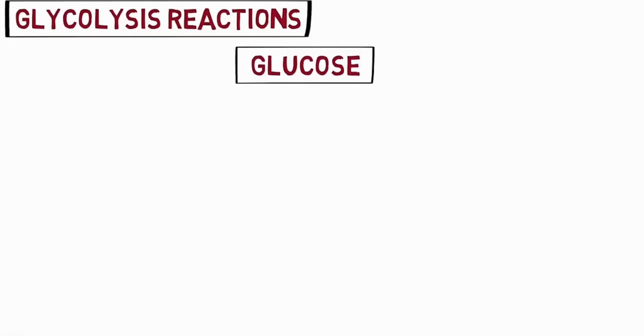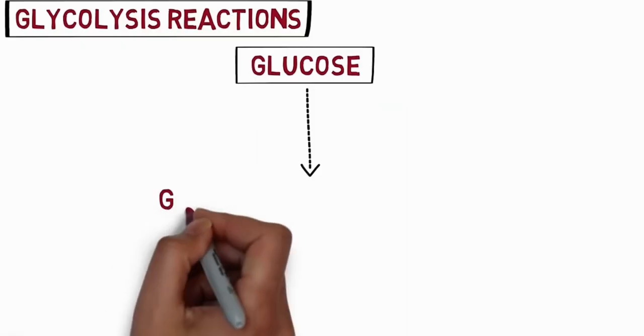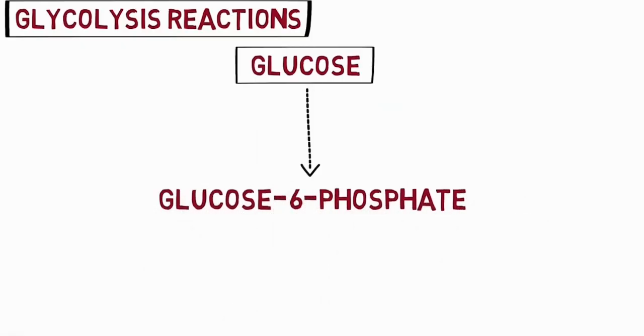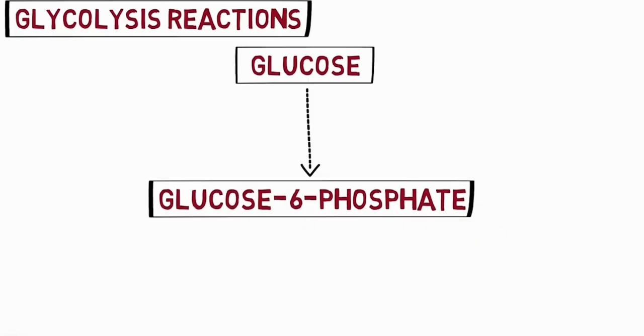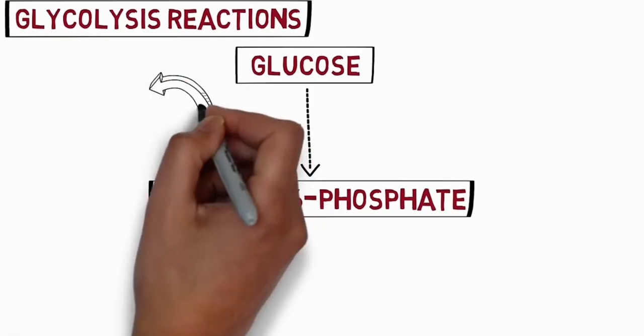Glycolysis reaction. It all begins with the molecule of glucose that enters the cytosol, and the first reaction is the conversion of glucose to glucose 6-phosphate. The enzyme that catalyzes the reaction is called hexokinase.